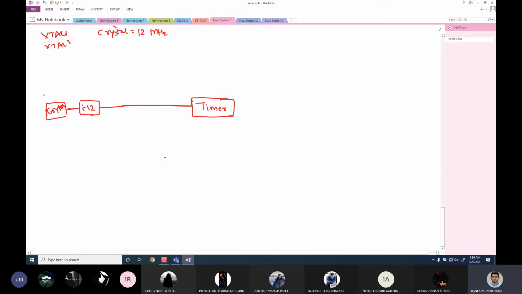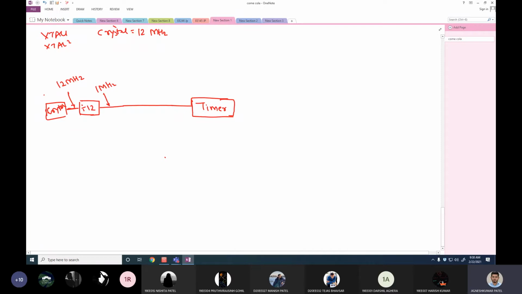So this is the crystal, this is division by 12, and this is the input to the timer. What would be the frequency at this point? I need responses from you. 1 megahertz, correct. 1 megahertz is the frequency to the timer input.